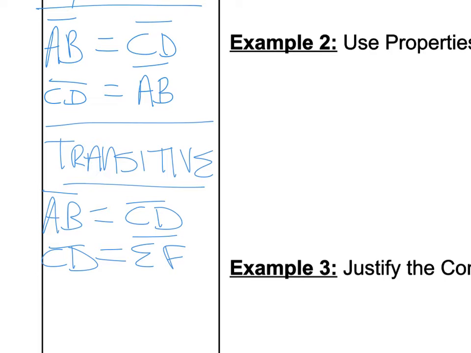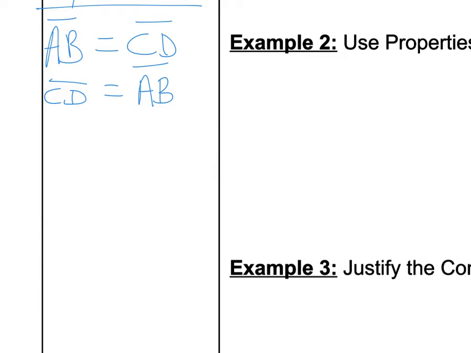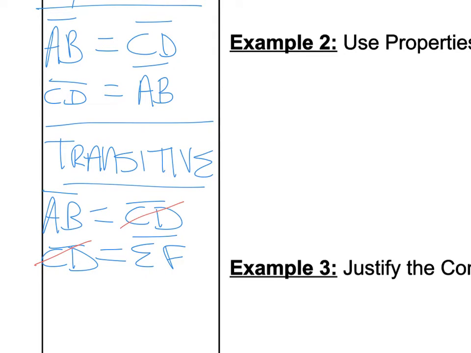You look at the part that's in the center, and you kind of cross those two out, because CD is what's linking everything together, so therefore we could say that AB is equal to EF, and that's the transitive property.